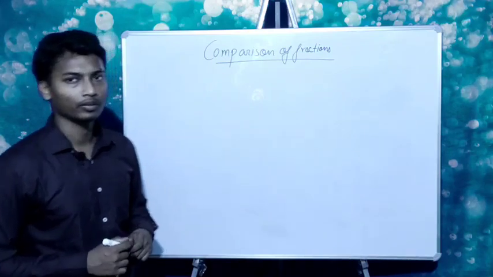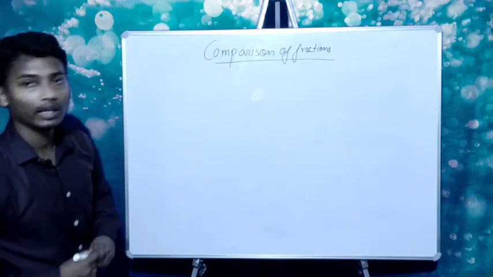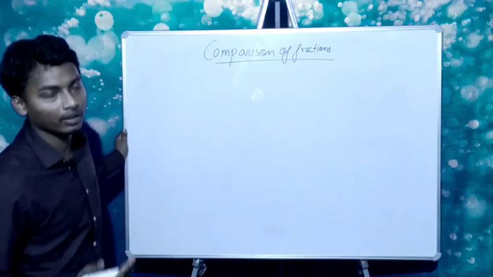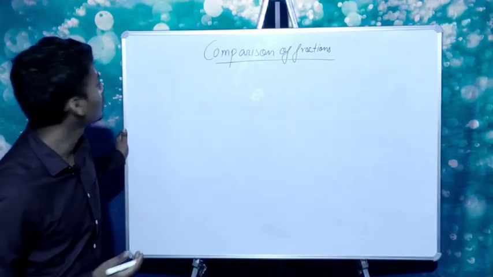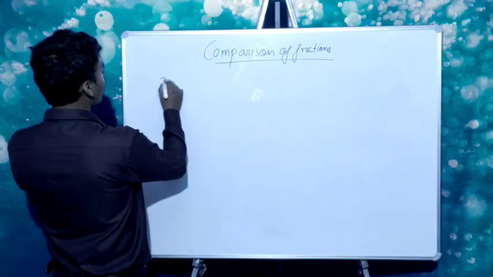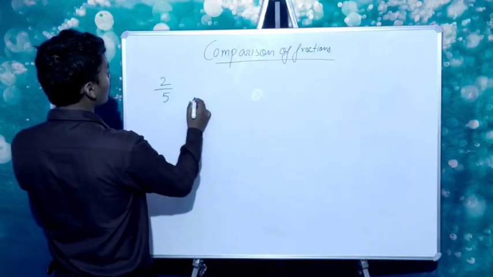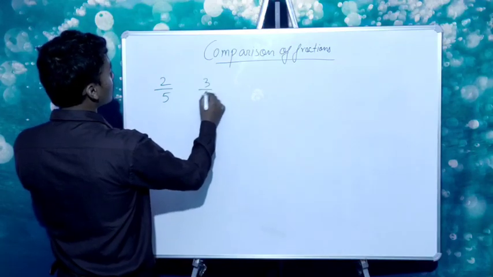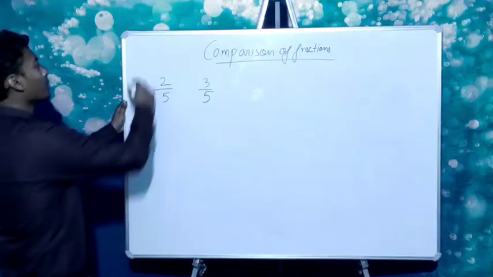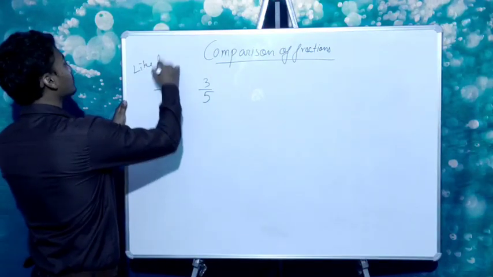Comparison of fractions. Now in like fractions, it is very easy to compare which fraction is greater or which is smaller. So let's take an example, 2 by 5 and 3 by 5. So these are the examples of like fractions, right?